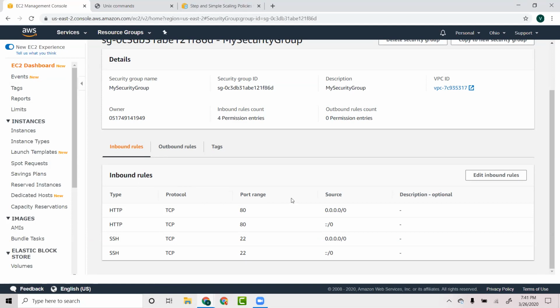Now I don't want everyone to come publicly into my EC2 instances. I want to create one virtual network within those instances and still communicate within the network. That's a classic example of your VPC, Virtual Private Cloud. We'll talk about that when we talk about Virtual Private Cloud.